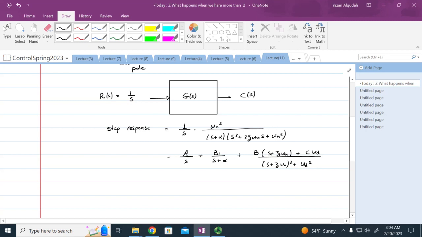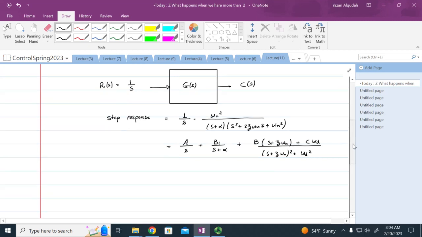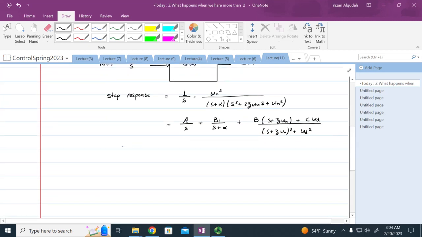So this is the partial fraction expansion of this response. Then we can calculate the inverse Laplace of the step response. We're going to get a multiplied by u of t plus b1 e to the negative alpha t plus e to the negative zeta omega n t multiplied by b cosine omega d t plus c sine omega d t.